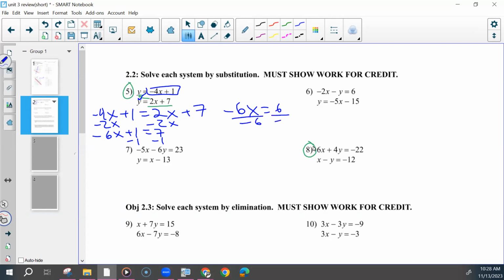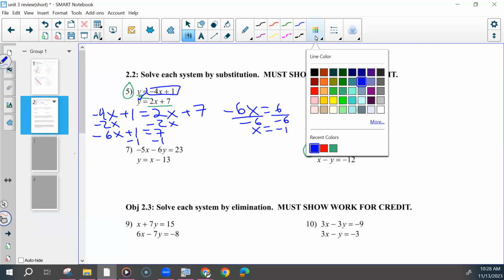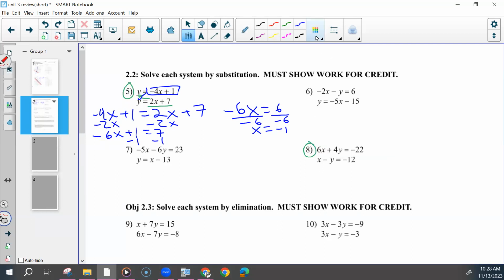So x is what? -1. But remember, that's only part of it. You still have to go back and find y. How you do that is up to you. You have 2 equations, both solved for y. Put this in for one of your x's, doesn't matter which one. So let's say we did the first one.